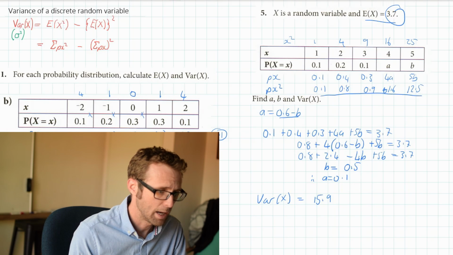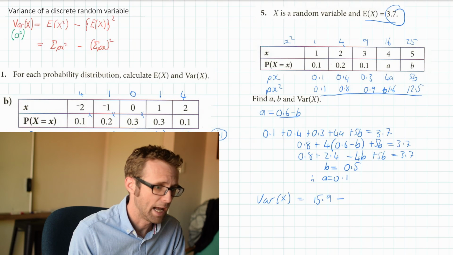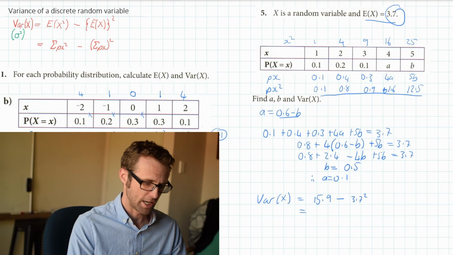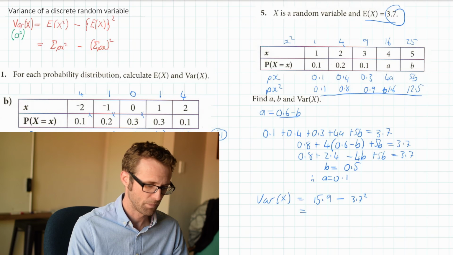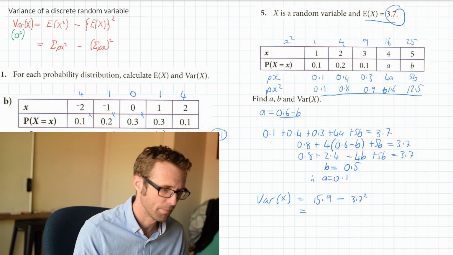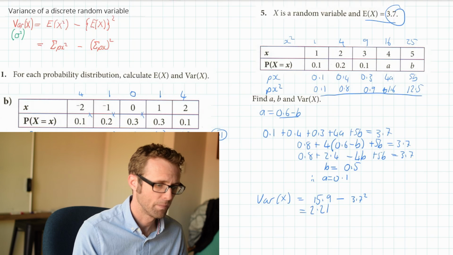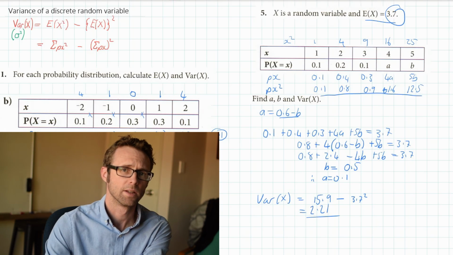And then I'm going to subtract my expected value squared, which is 3.7 squared. Now what do I get when I do this? 15.9 minus 3.7 squared is equal to 2.21. And that's my final answer for that.